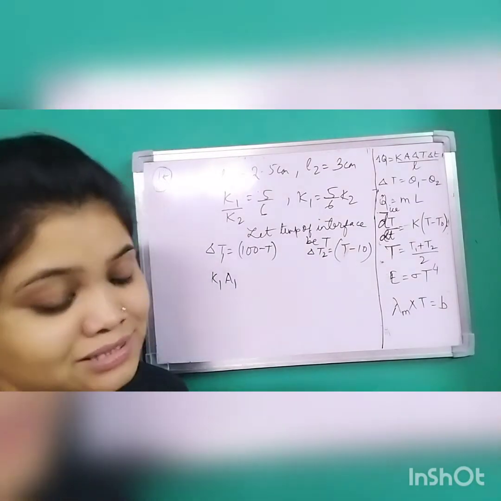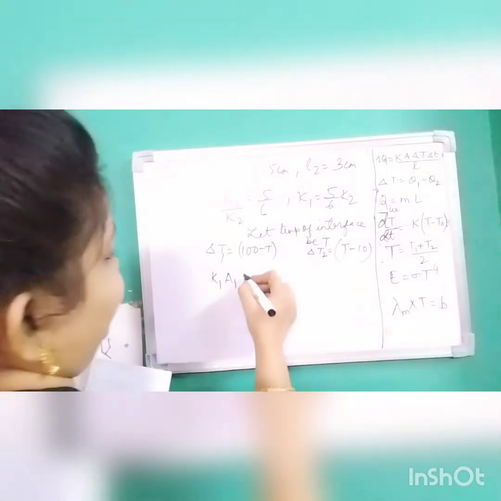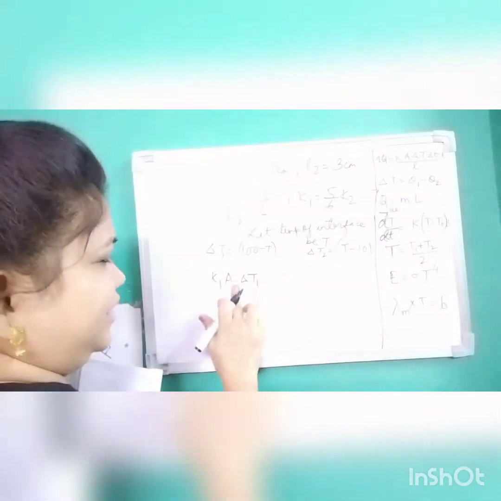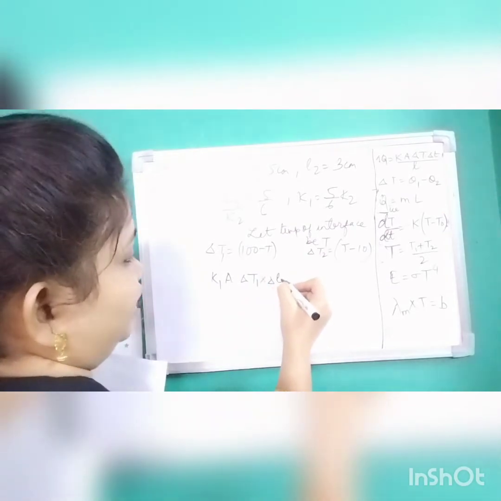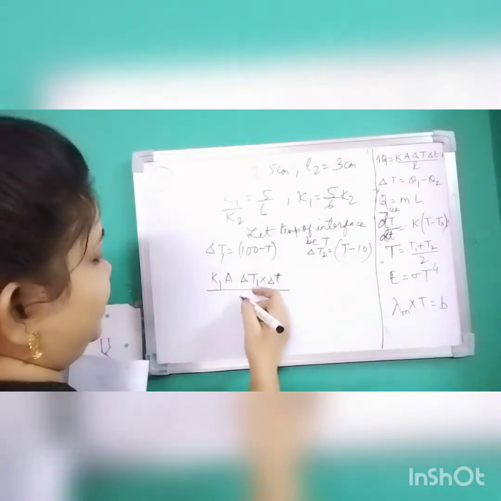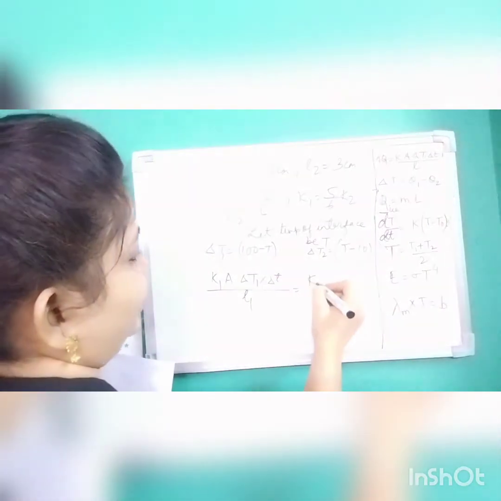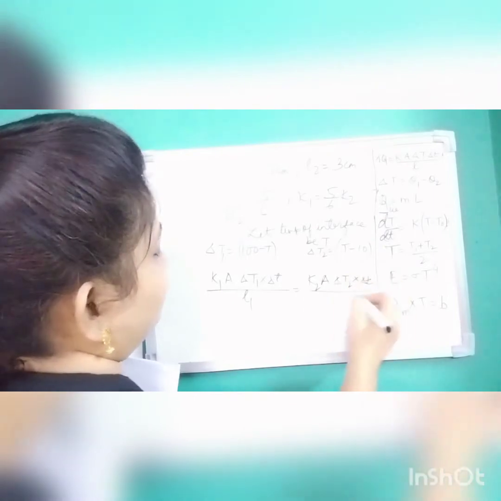So K A delta T1, we can take it as A only because area is the same, into delta T1. Time also is the same. So delta T1 by L1 is equal to K2 A delta T2 by L2.